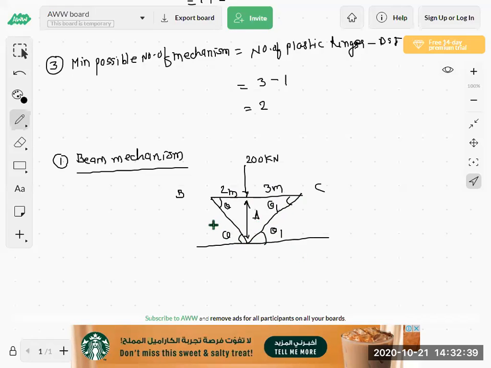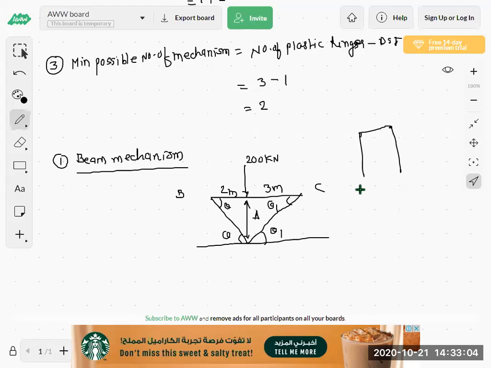Okay, now support B and support C. So at support B, which type of support is there here? This is the frame. This is B and this is C. Which type of support is there here?